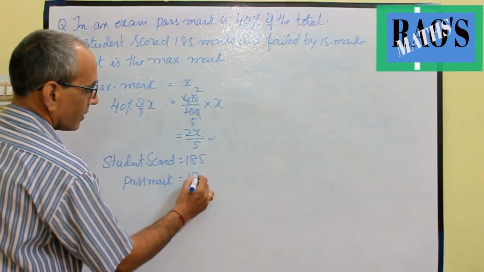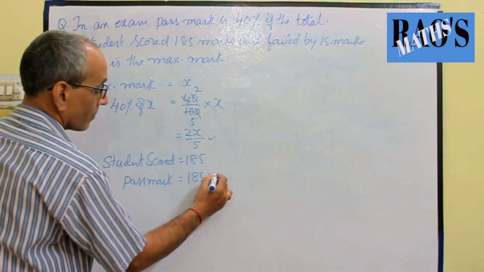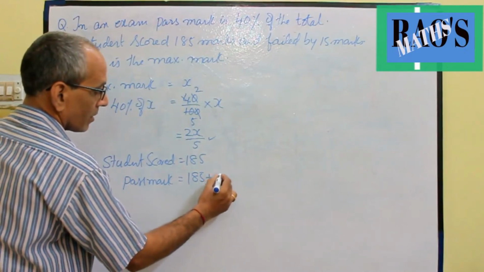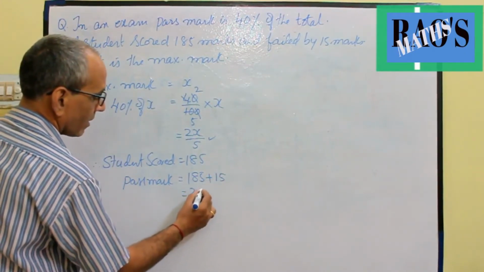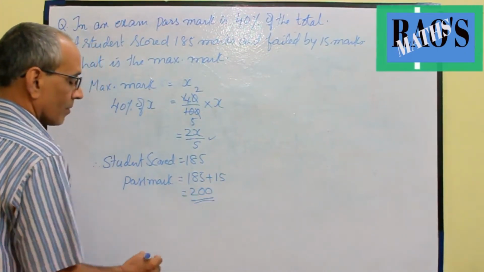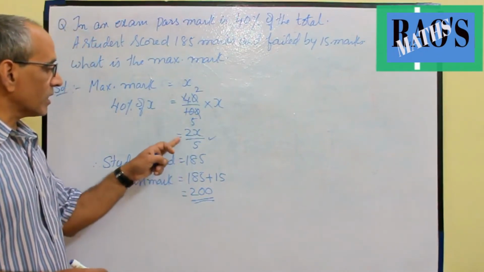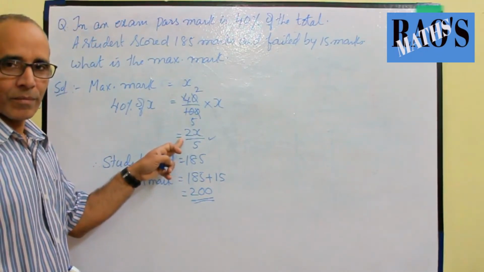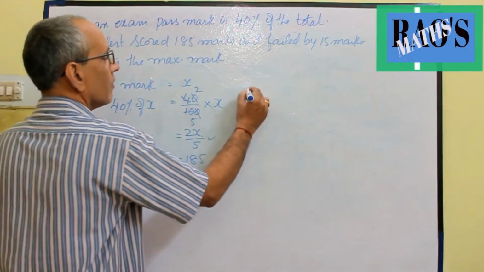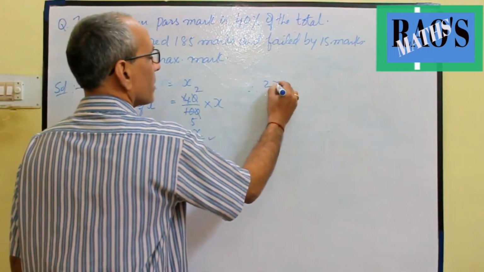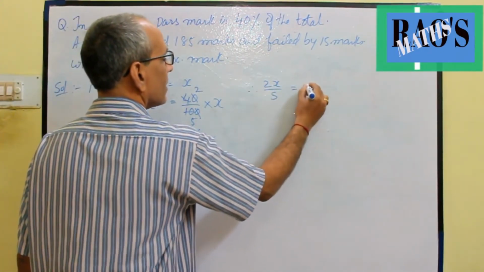Since he got 15 less than the pass mark, when I add 15 I get the pass mark. This is the pass mark which is equal to 40% of the question paper. Clear? Therefore, 40% of the paper is the pass mark.